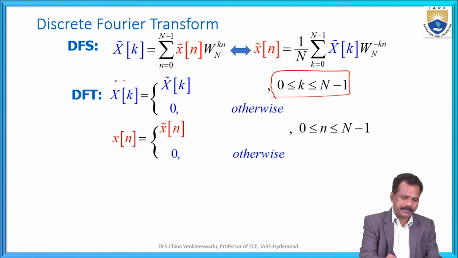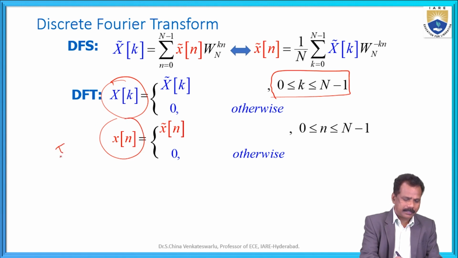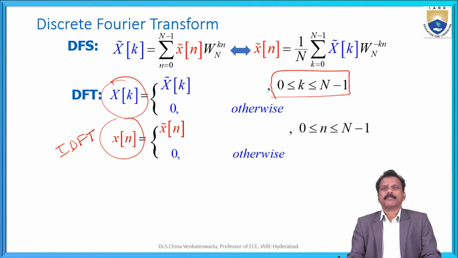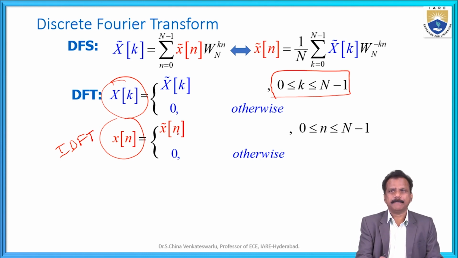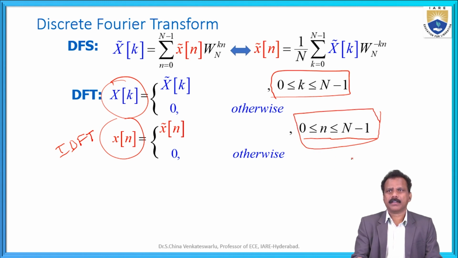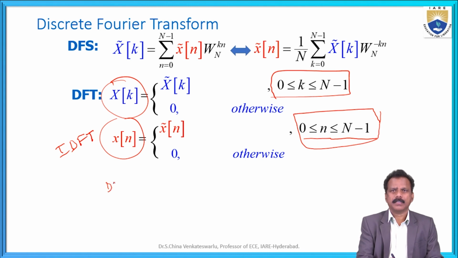This is nothing but the DFT. Then the IDFT, the inverse discrete Fourier transform, gives x(n) over the interval 0 less than or equal to n less than or equal to N minus 1. Compare this DFT and IDFT; you can easily distinguish DFT versus IDFT, the inverse discrete Fourier transform.